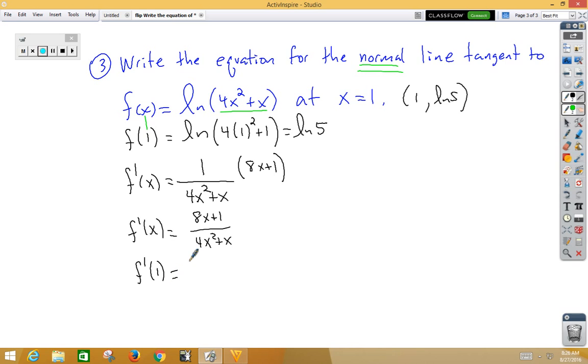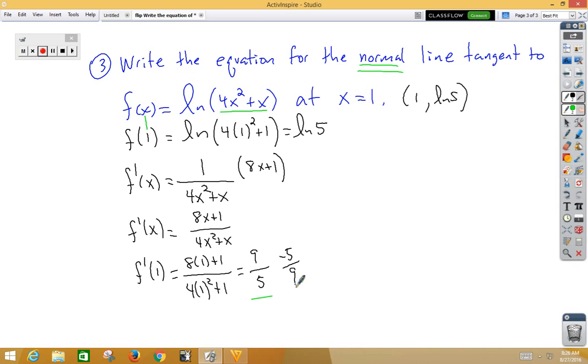So on the top we would have 8 times 1 plus 1 over 4 times 1 squared plus 1. 8 plus 1 is 9. On the bottom, 1 squared is 1 times 4 plus 1 is 5. That's the slope of the tangent line. So the negative reciprocal of that would be negative 5/9.